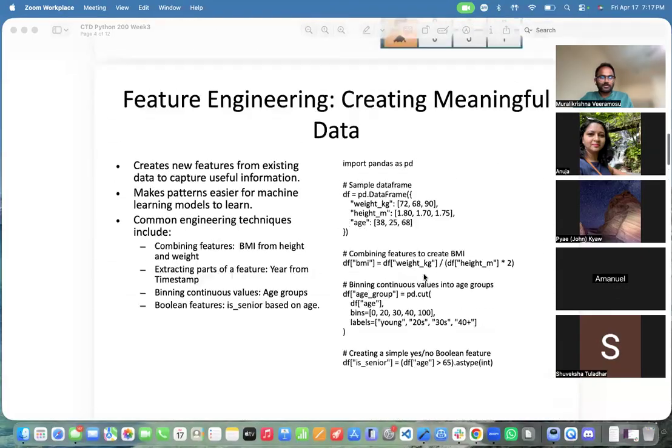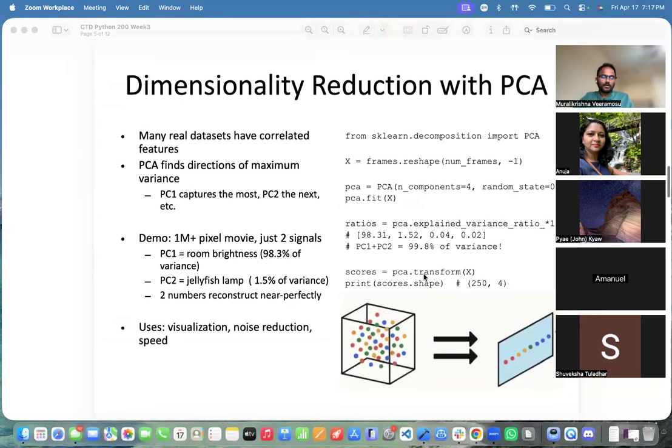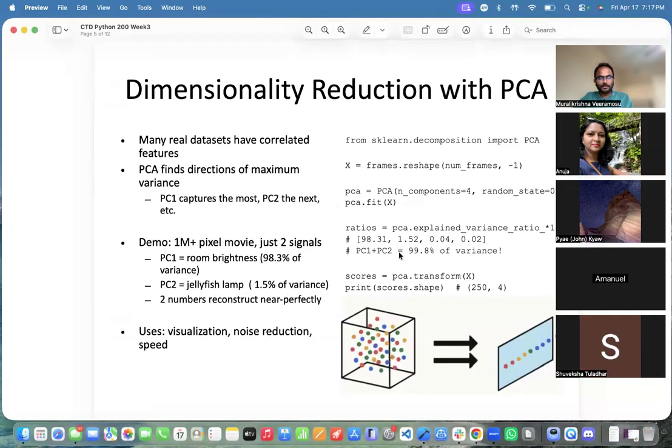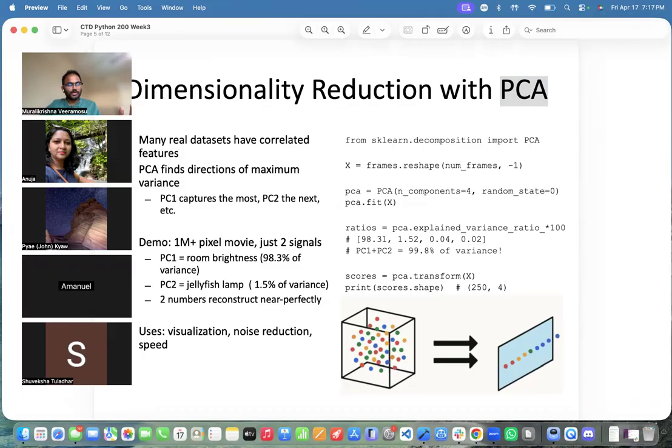So that's about feature engineering. Then within pre-processing, we have one more concept called dimensionality reduction with principal component analysis, right? Sometimes, let's say you have a video which consists of hundreds of pixels, and each pixel is a feature, right?